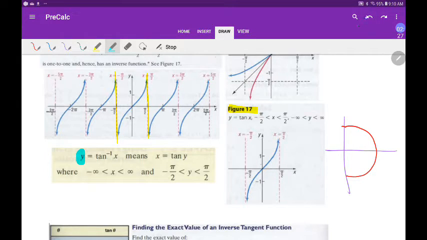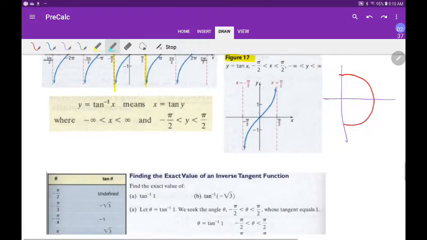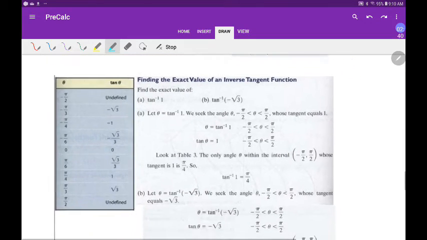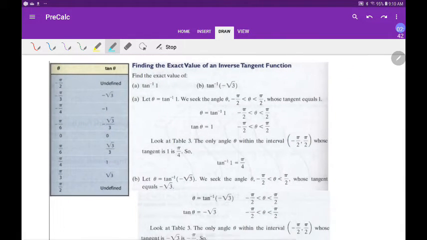The domain, which seems kind of backwards, is from negative pi over 2 to pi over 2, and not including the endpoints. So here, this book shows a table, but I don't think we need to memorize a table. I think we can just do our normal thing. We know we're limited to this side of the graph, okay?